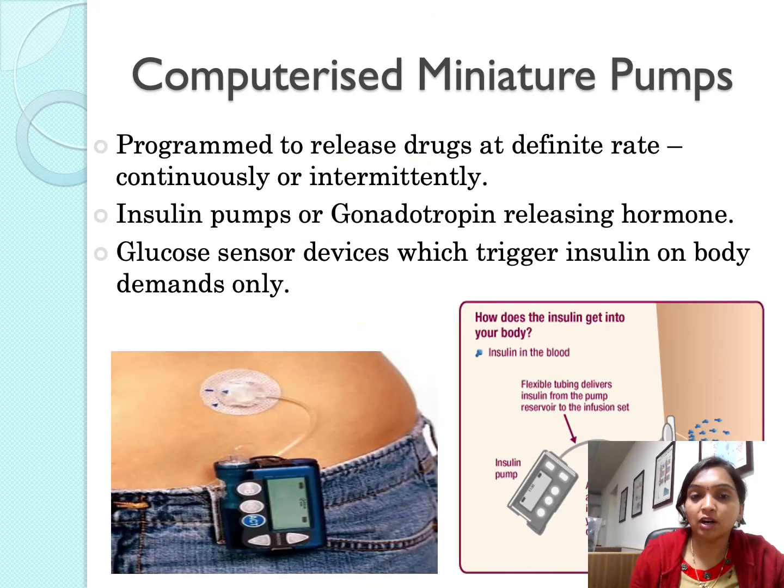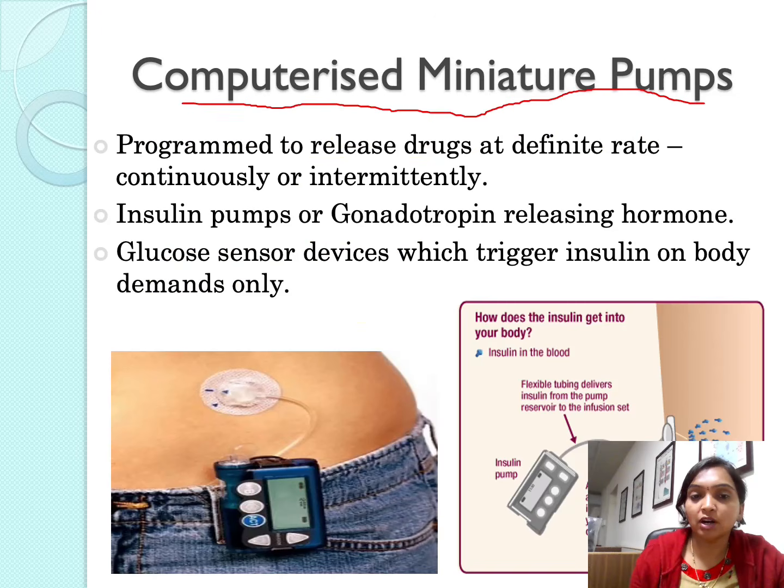So moving on to the computerized miniature pumps. Okay, these are newer devices which will deliver the drug as programmed. It can deliver the drug continuously or intermittently based on need.